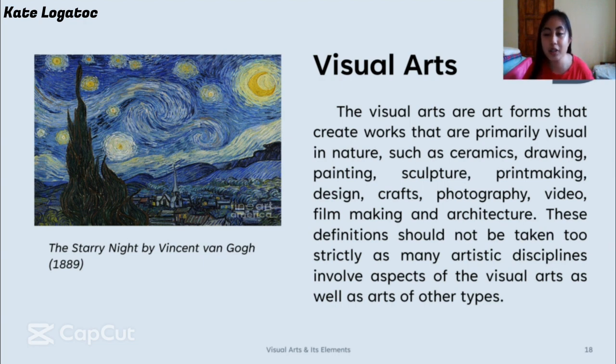Also included within the visual arts are applied arts such as industrial design, graphic design, fashion design, interior design, and decorative art. Here we have an example of visual art, which is a painting: Starry Night by Vincent van Gogh.